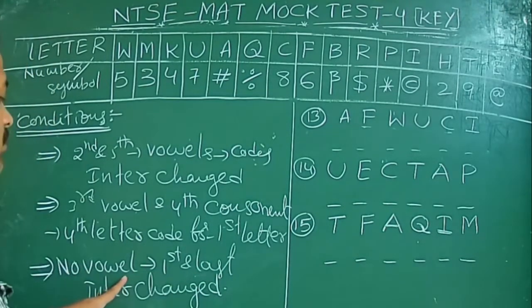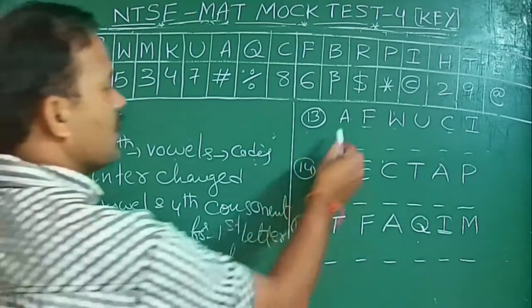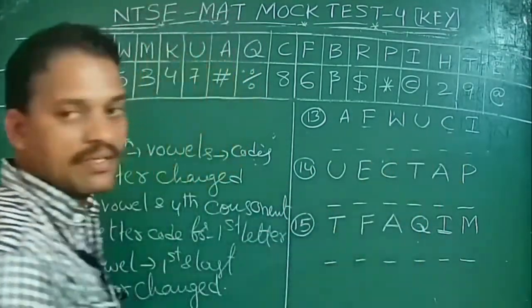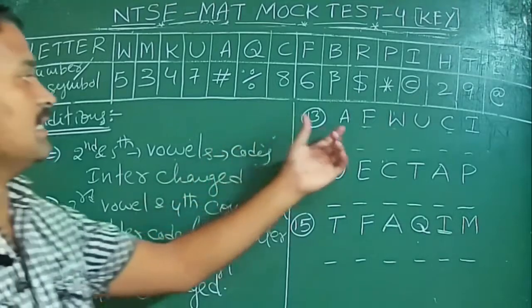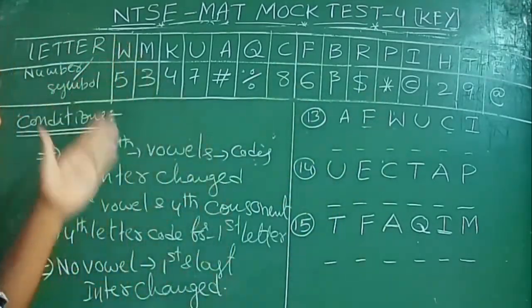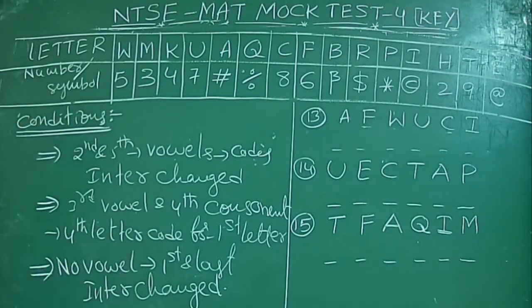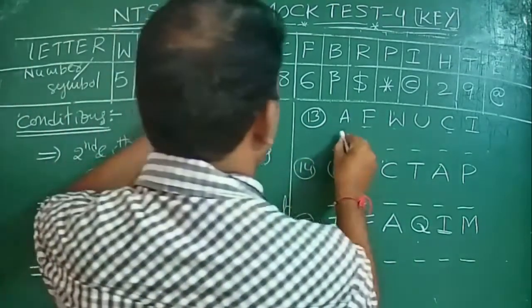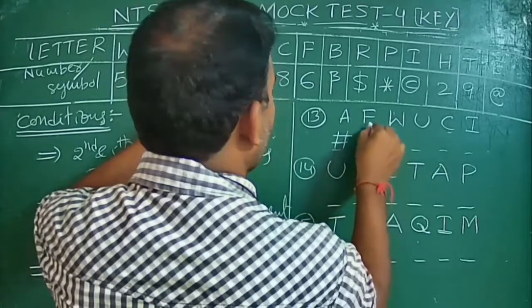If there is no vowel, first and last letters are interchanged. There is no vowels means, but here vowels are already there. In this one no conditions are possible. So directly you write the codes. What is the code of A, this symbol, and what is F?